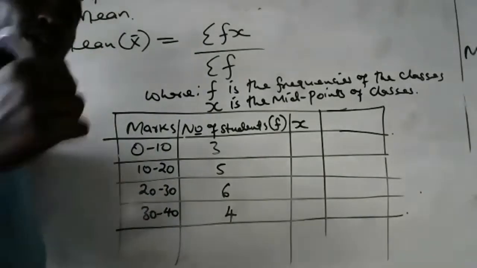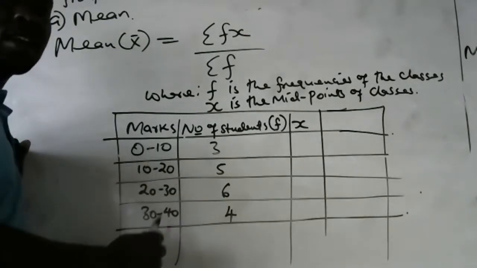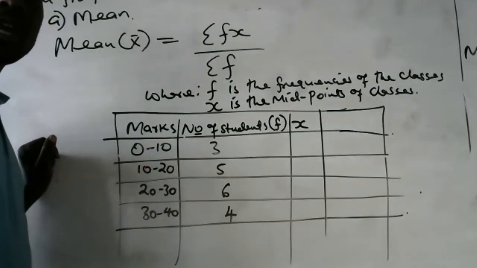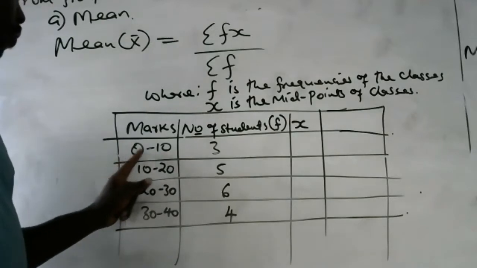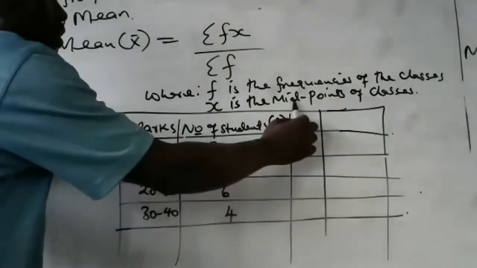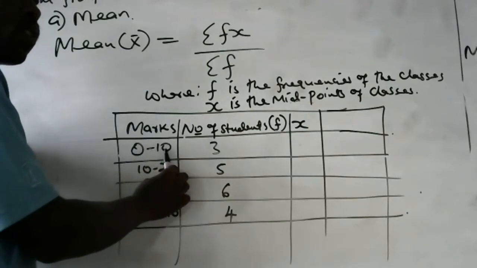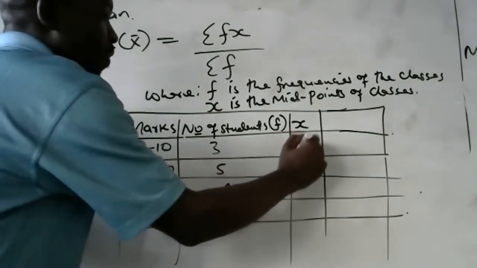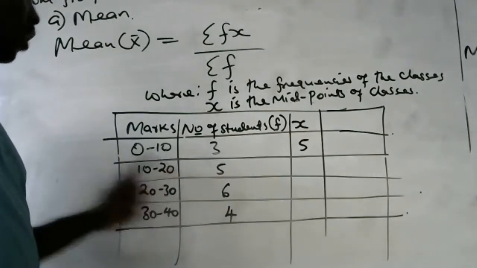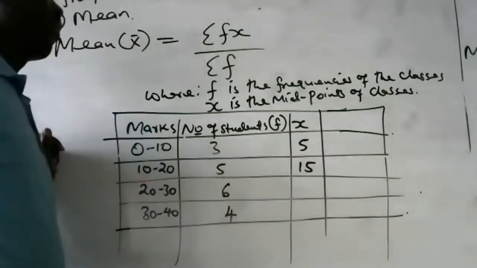So to get the value of x, you find the middle point of each and every class. For example, from 0 to 10, how do you get the middle value? You add the lower limit plus the upper limit divided by 2. So the x value, which is the middle point for this particular class, is going to be 0 plus 10, which is 10. 10 divided by 2 gives us 5. For this one, it's going to be 10 plus 20, which is 30. 30 divided by 2 is 15.